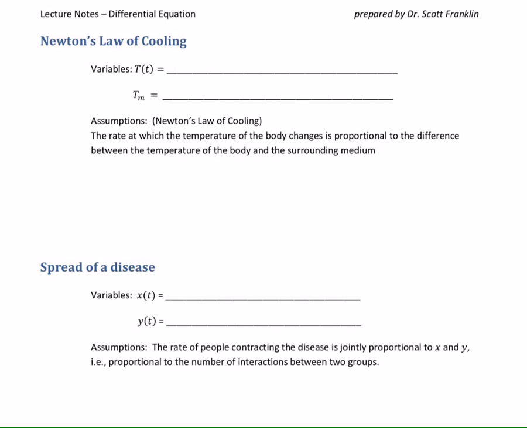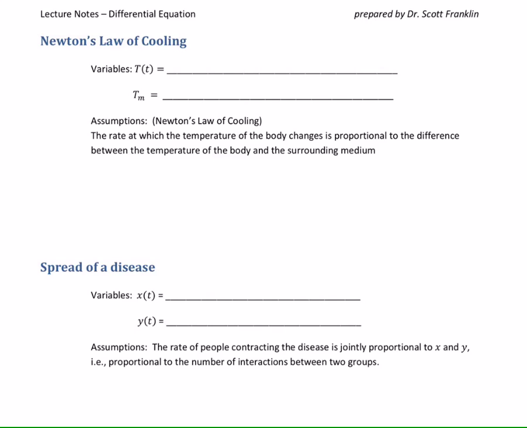What we're going to do here is make an assumption that works for all objects, no matter their size. We're going to assume that we know the temperature of the body, we know the temperature of the surrounding room, and then there's a relationship between those two.